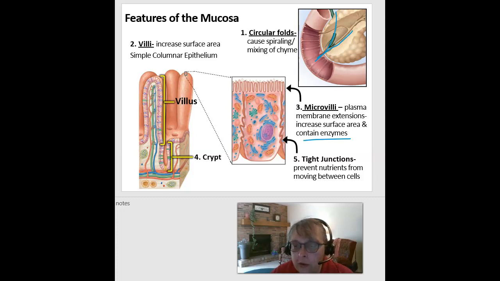There are two other features of the mucosa that are important, crypts and tight junctions. So crypts are a little bit like gastric pits in how they appear. Notice there's this hole here in the lumen. And if we go back to the very first slide, what you're looking at here is the entry to a crypt.